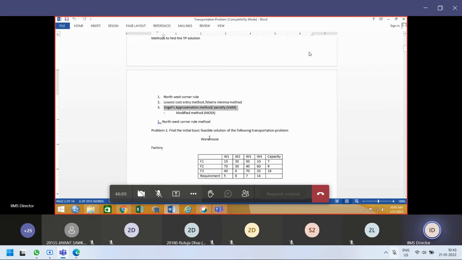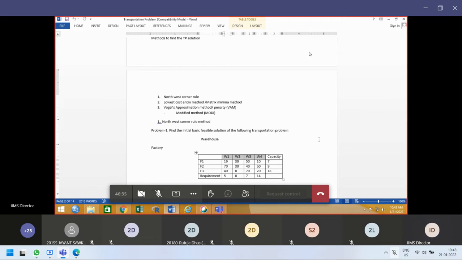Now here, the first two methods we have to apply. The problem has factories and warehouses. How many factories are there? 3 factories. How many warehouses? 4 warehouses. In an assignment problem, the question immediately comes to mind whether it is balanced, but that is not applicable in a transportation problem.